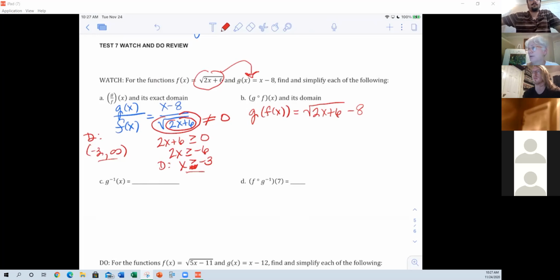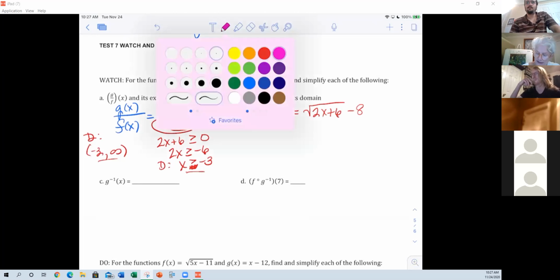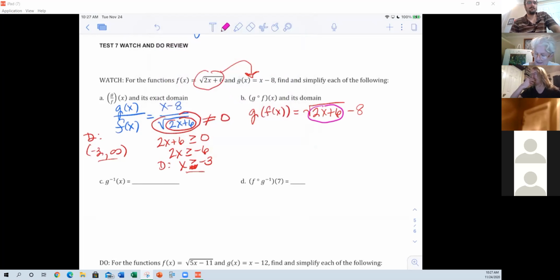We only have to worry about what's under that radical. So what's under the radical is the 2x plus 6, and that has to be greater than or equal to 0. So in this case, x would be greater than or equal to -3. And it's not in the denominator, so it can be 0 very easily, no problems.